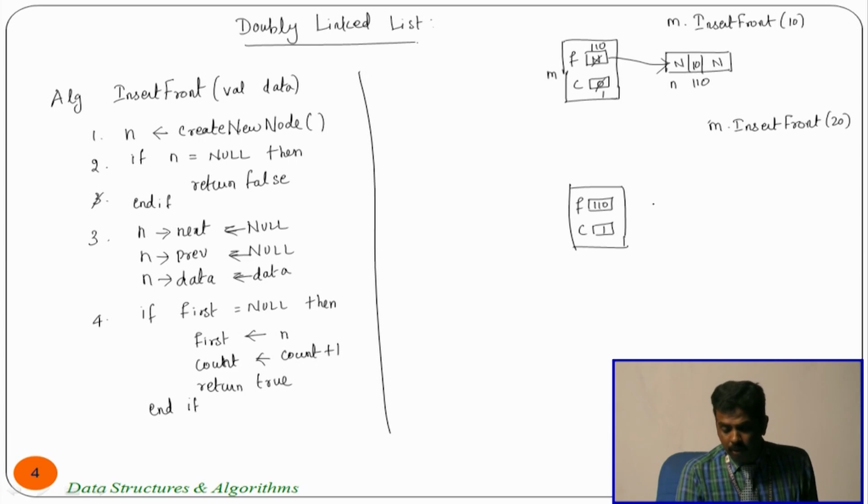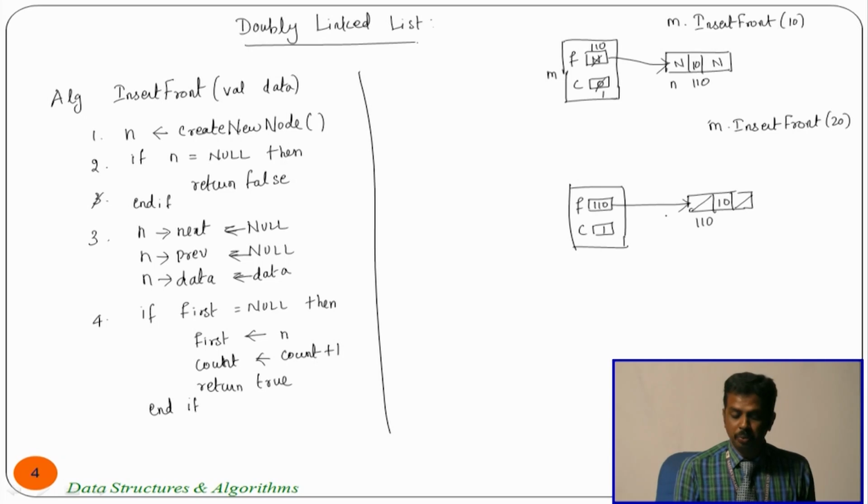Now the list contains only one node, 10. This is 110, and this will be null, and this is pointing to this node. At this situation, this algorithm is not completed.